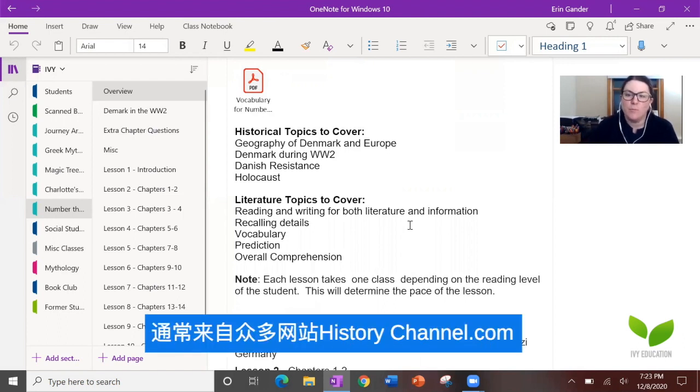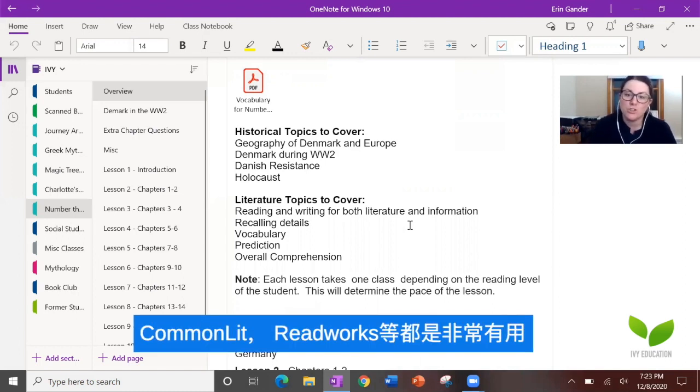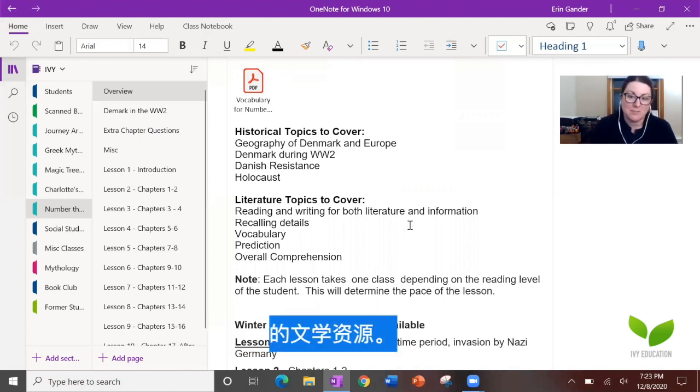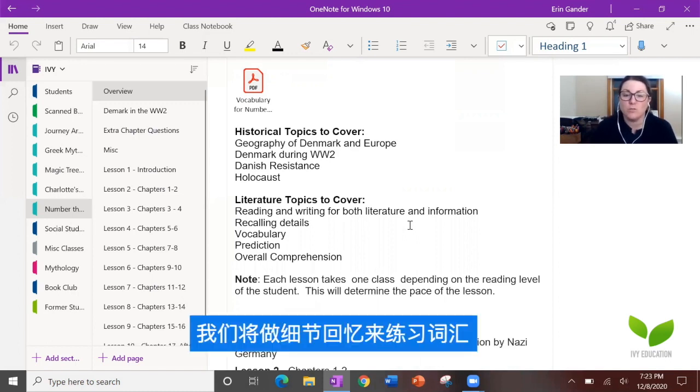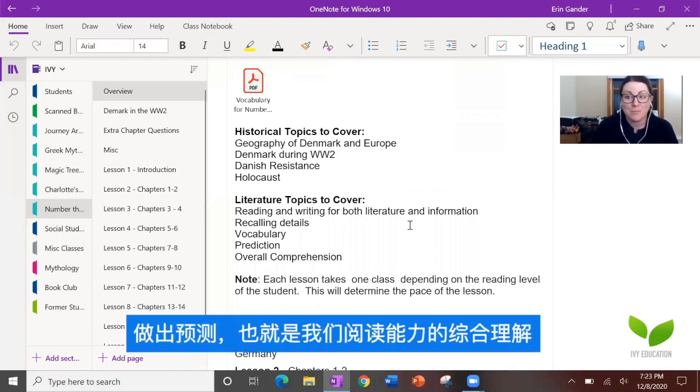And they're coming from a multitude of websites, historychannel.com, Common Lit, ReadWorks, all really great resources for different types of literature. We're going to be recalling details, practicing our vocabulary skills, making predictions, and working on the overall comprehension of our reading abilities.